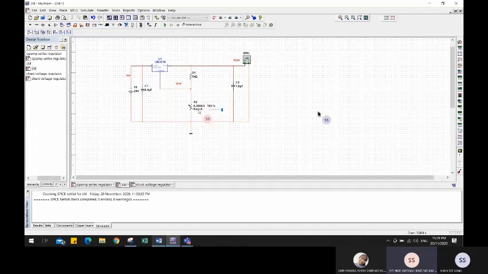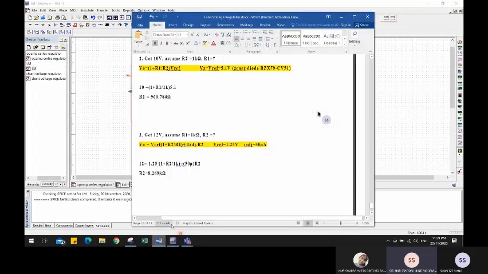For the value of the adjustable resistor, we use the formula V out equals Vref times 1 plus R2 over R1, plus I adjustable times R2. Vref is a constant value of 1.25, and I adjustable is 50 microampere because we use a capacitor.